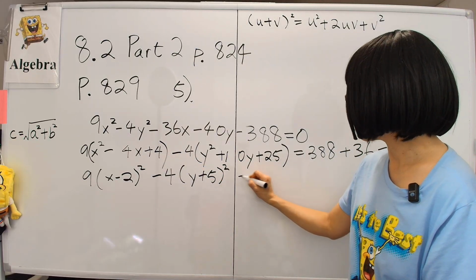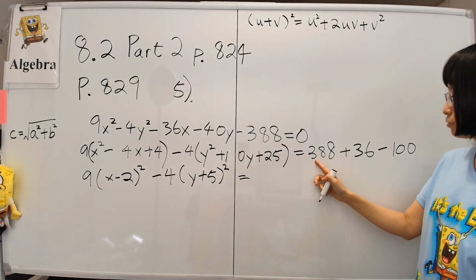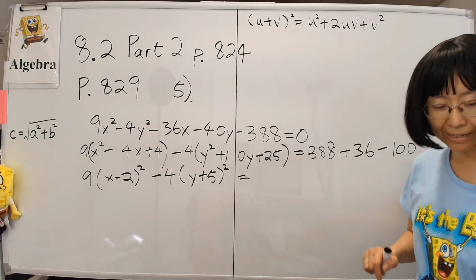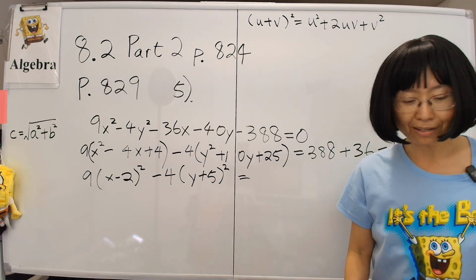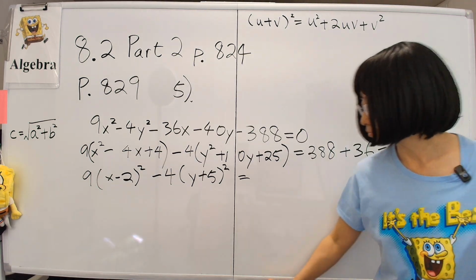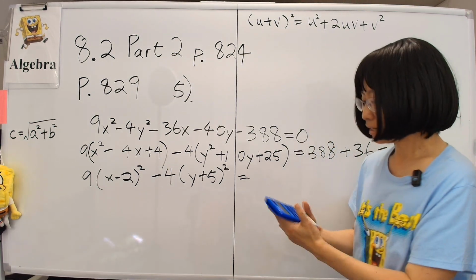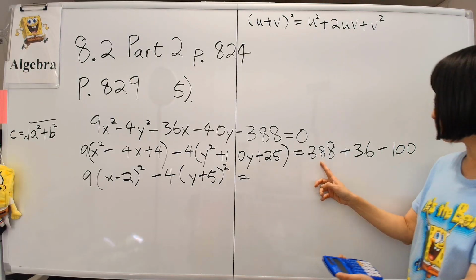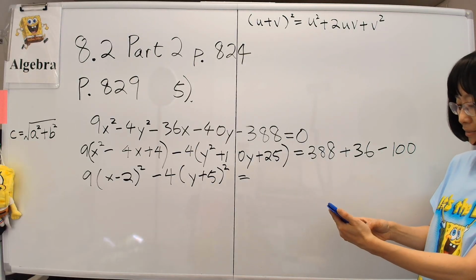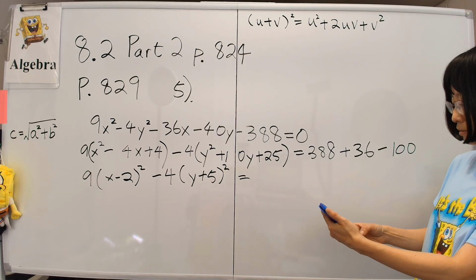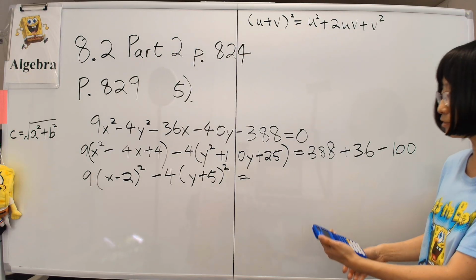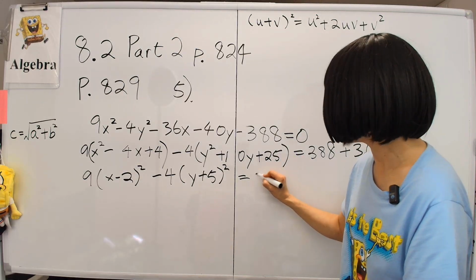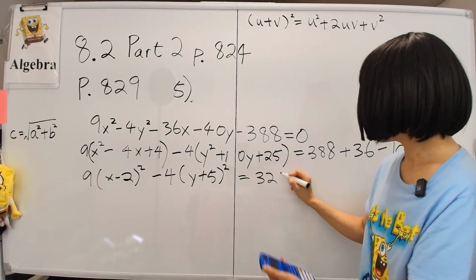And that will be equal to 288 plus 36. I don't know what that is. Let's use the calculator. I'll just do 388 minus 100 is 288, and then plus 36 is 324. Okay, so that equals 324.